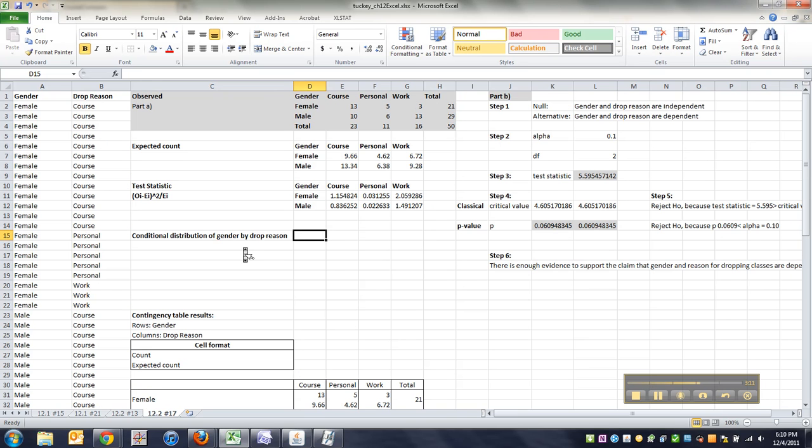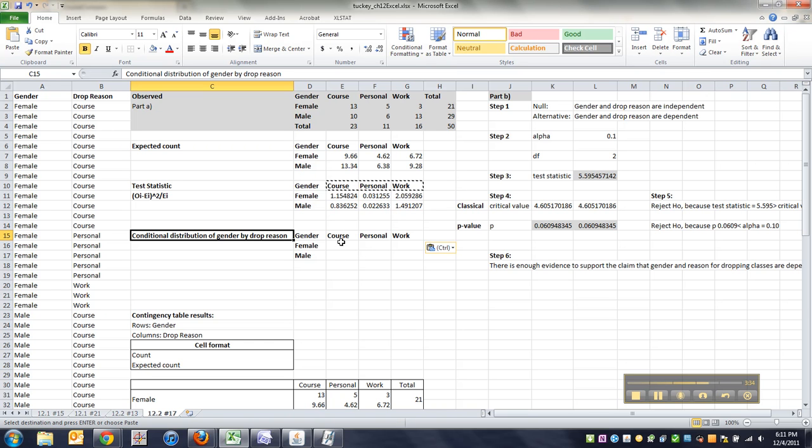Alrighty. So that means I'm going down the columns. Let me copy these in here so I've got them. I want gender by drop reason. Whichever one they give you the by for, that's the one you work down or across.